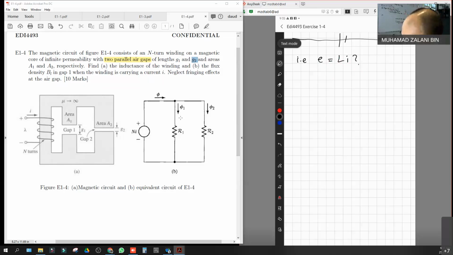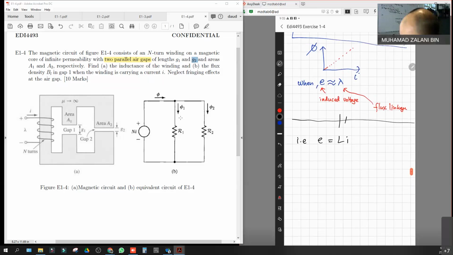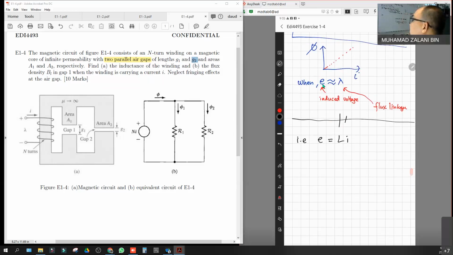So similarly, since we have this relationship when E is similar to lambda, flux linkage, we can just replace this as lambda is Li. Or in this case, we want to find I. If we want to find I, it is lambda over L. Itulah, itu dia punya relationship lah.